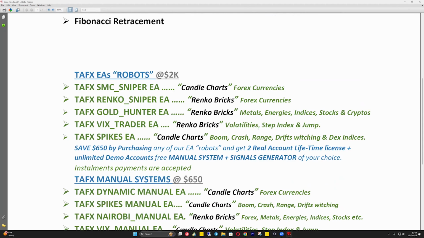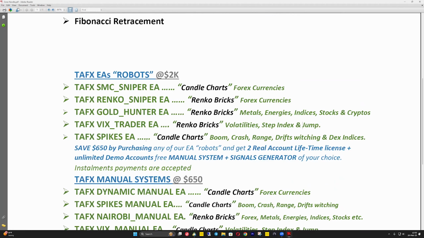Those are the things that the VIX Trader will trade. You can DM me so that I can send you this PDF if you'd like to summarize again. So the VIX or volatility trader deals with volatilities, step index, and jump, and that is also a combination of RENKO bricks and candle charts.